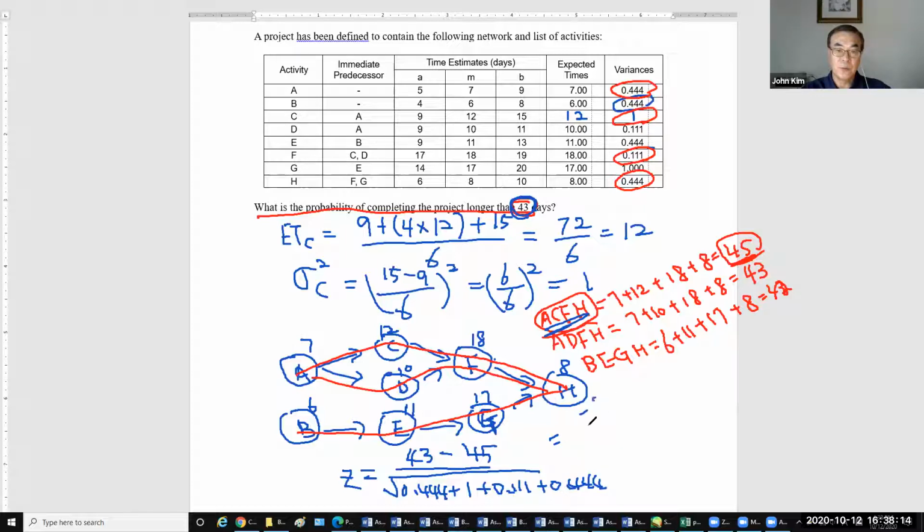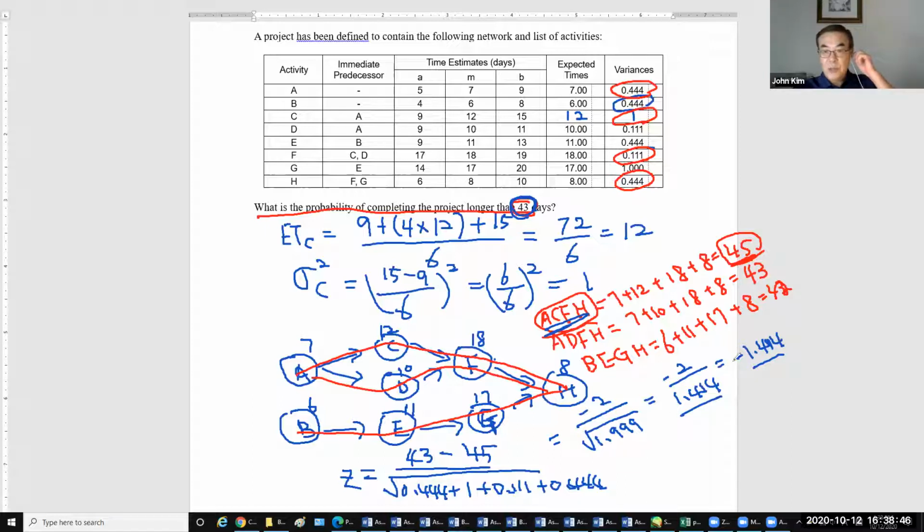Negative 2 divided by the square root of 1.999 equals negative 1.414. It is coincident, the same.